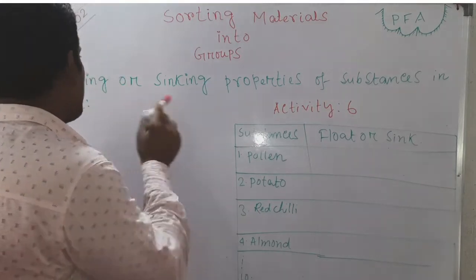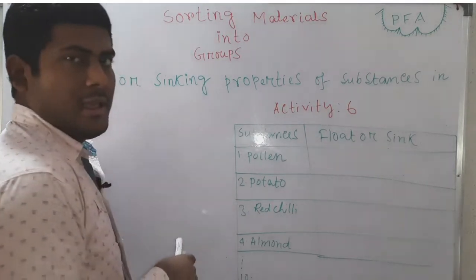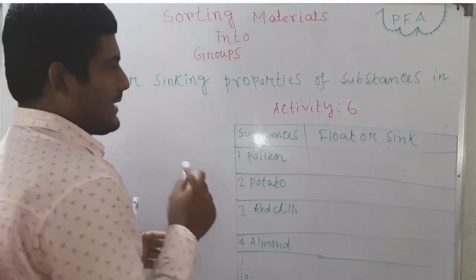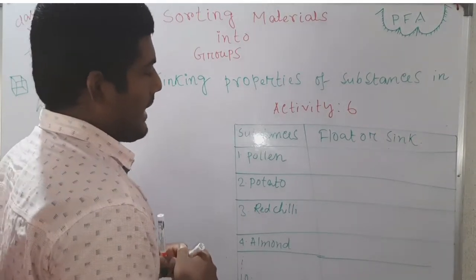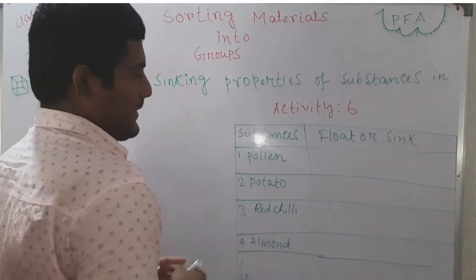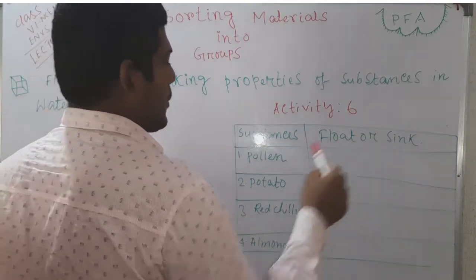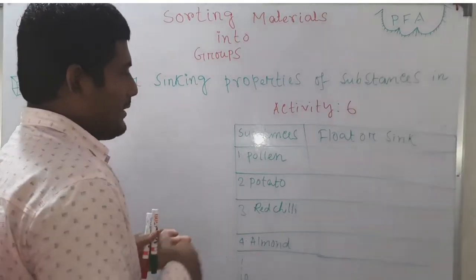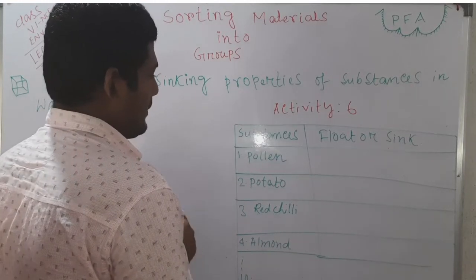This is the floating or sinking properties of substances in water, and to perform this activity you have to take help of a table. This table is depicted on the board: here are the substances and here is float or sink. First of all, we will perform an activity with pollen.